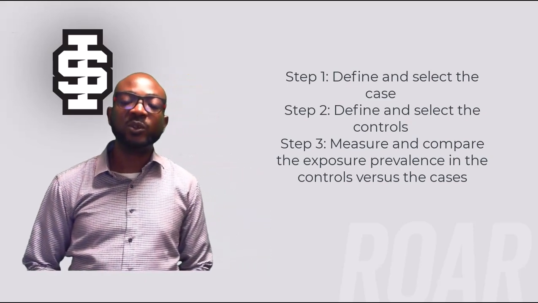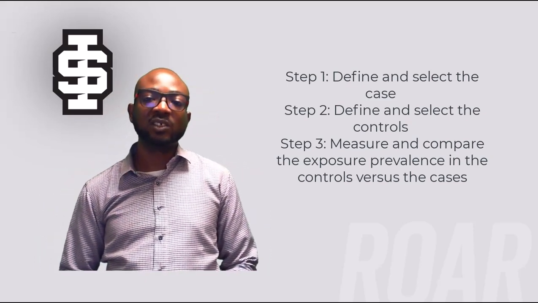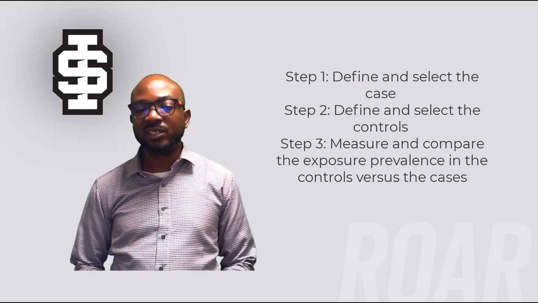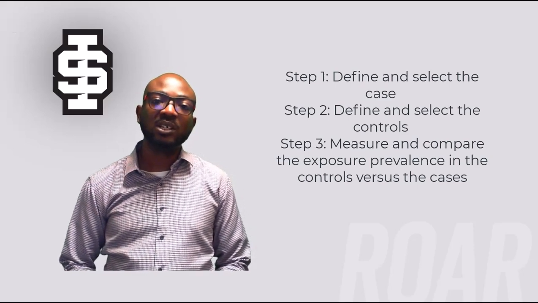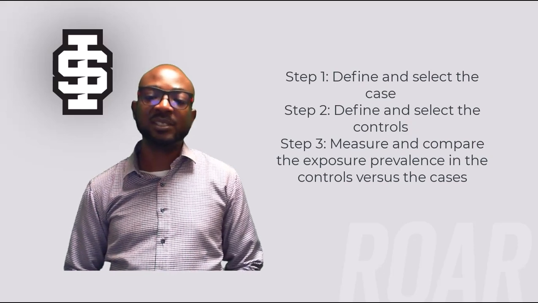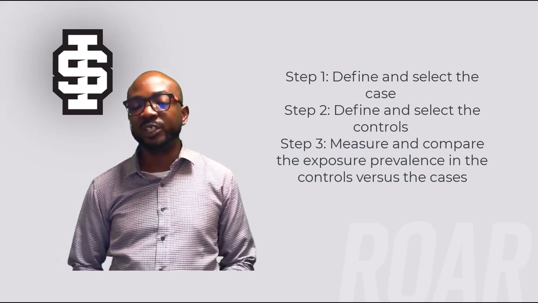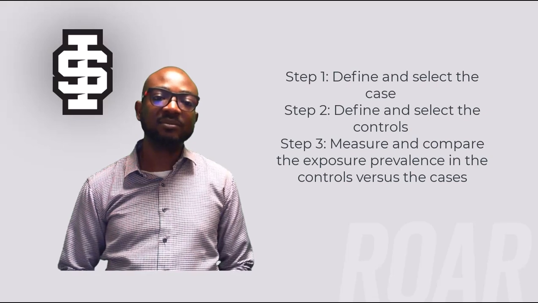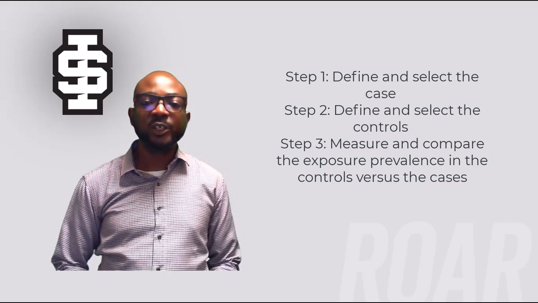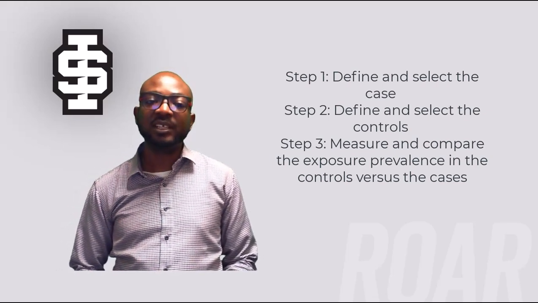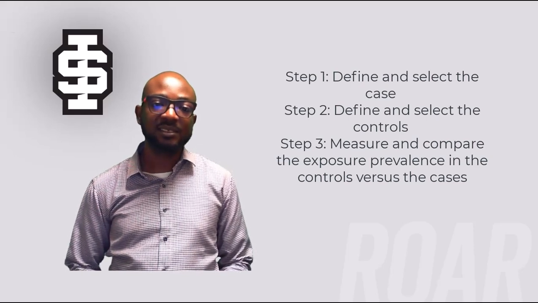Cases are selected from a group that has the disease or health outcome of interest. Step 2, you define and select the controls. Controls are the non-cases that are representative of the same source population that gave rise to the cases. Step 3, we measure and compare the exposure prevalence in the controls versus the cases.